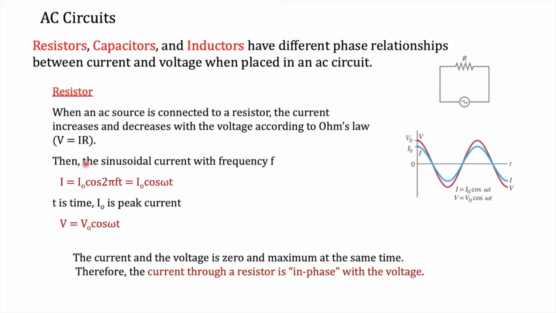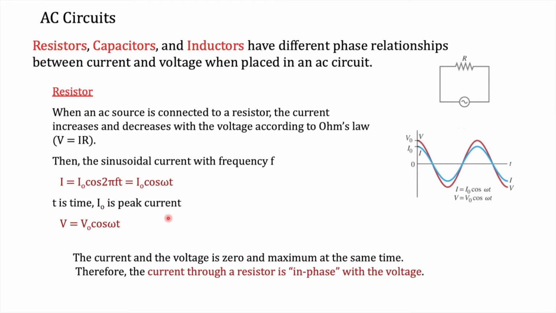So V equals V naught cosine omega t. And we can replace omega by the linear frequency, where omega is equal to 2 pi f.